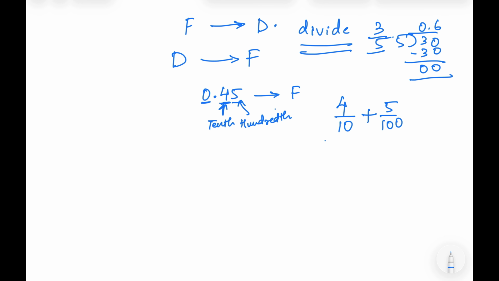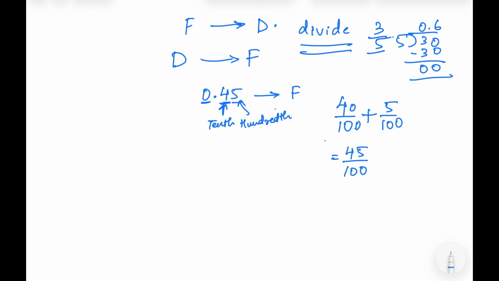Now we need to add these together. You cannot keep it like this, right? So very simple. To add these two fractions, we need to get the same denominator. So if I make this 100 here also, this is 40 upon 100, because when you multiply the denominator by 10, here also you will multiply the numerator by 10.